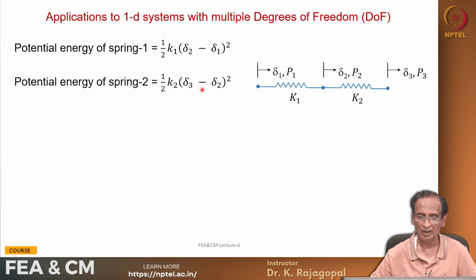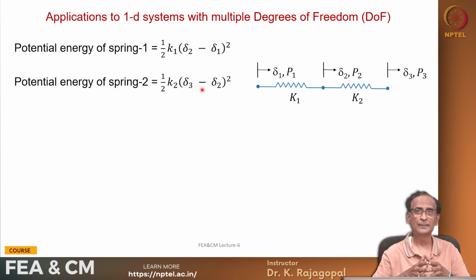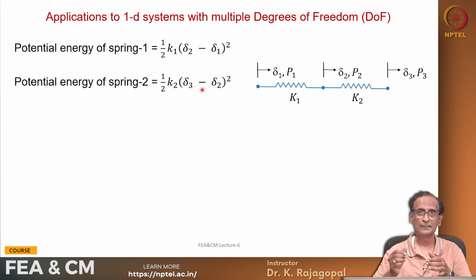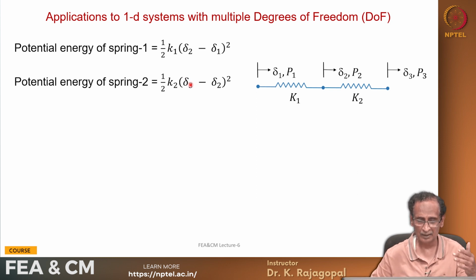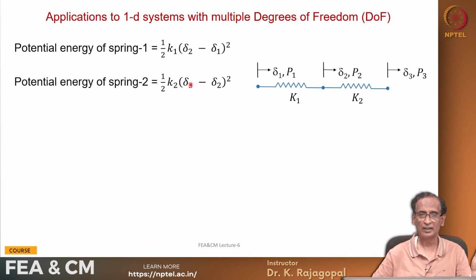Okay? And delta 2 minus delta 1 is the relative deformation. Only when you have a relative deformation, the spring will get strained. So, if delta 2 and delta 1 are the same, then there will not be any strain developed in the spring or the force. Okay? So, we are more interested in the relative deformation, and previously we said it is only delta because one end is fixed.